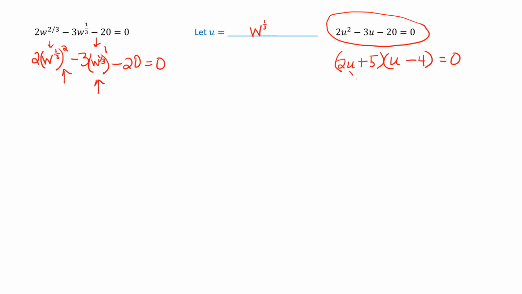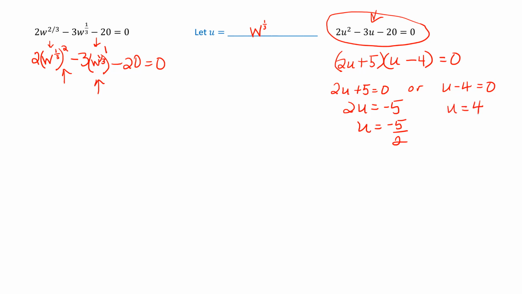That's going to be minus 8u plus 5u, which gives you your -3u. So that works. All right, so you've got two factors multiplied together that give you 0. That means one of them has to be 0. So 2u plus 5 is 0, or u minus 4 is 0. So 2u equals -5, which means that u is equal to -5/2. And u over here is 4.